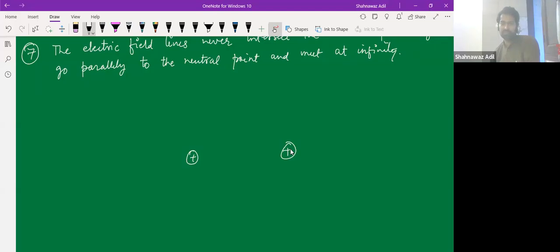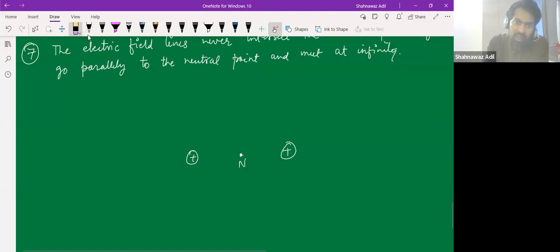Neutral point is a point at which the net electric field is zero. So we have calculated that if we have two positive charges, at the geometrical center of these two point charges we will have a neutral point, right? You guys remember?